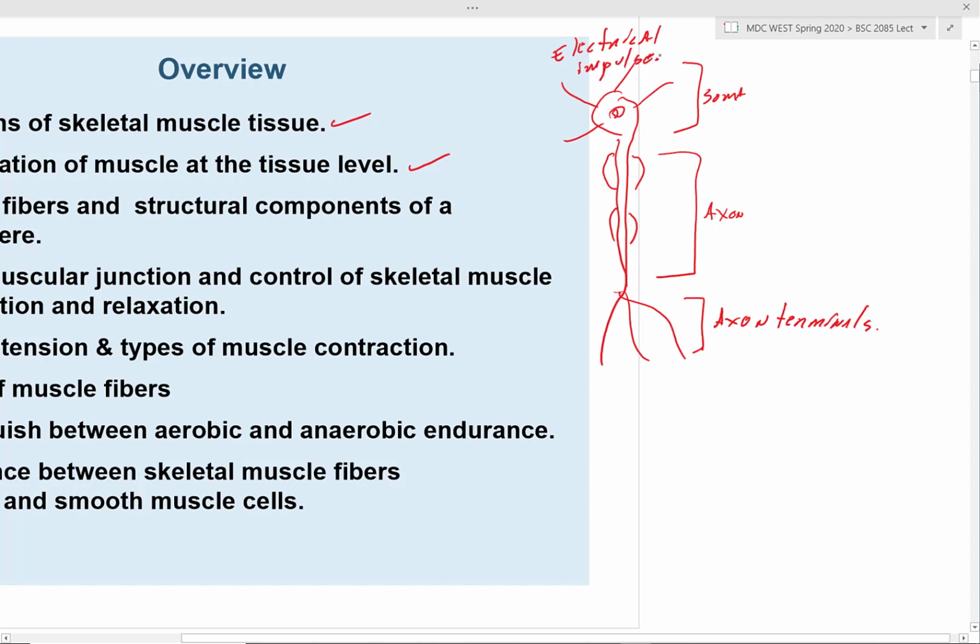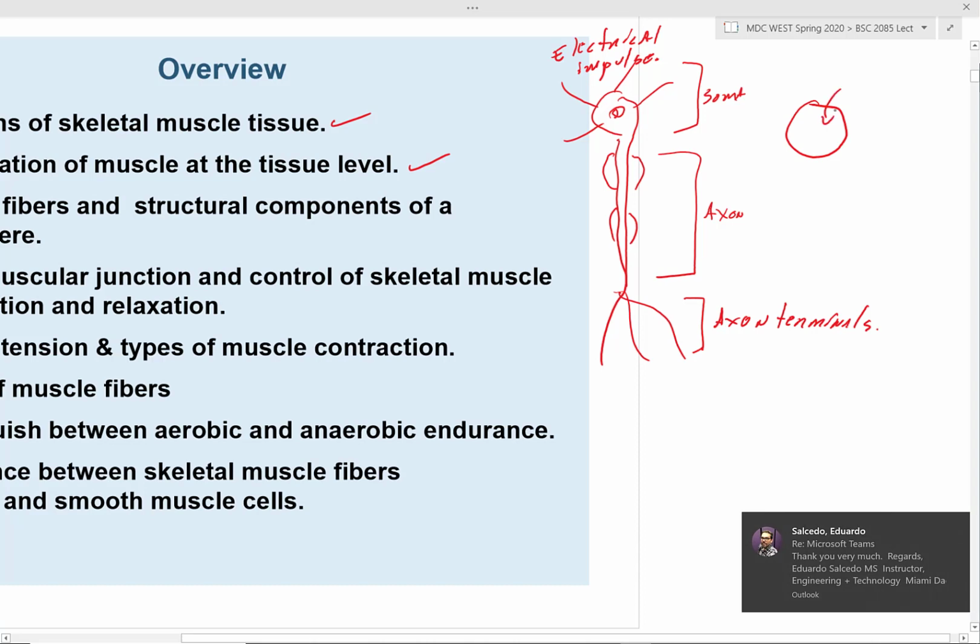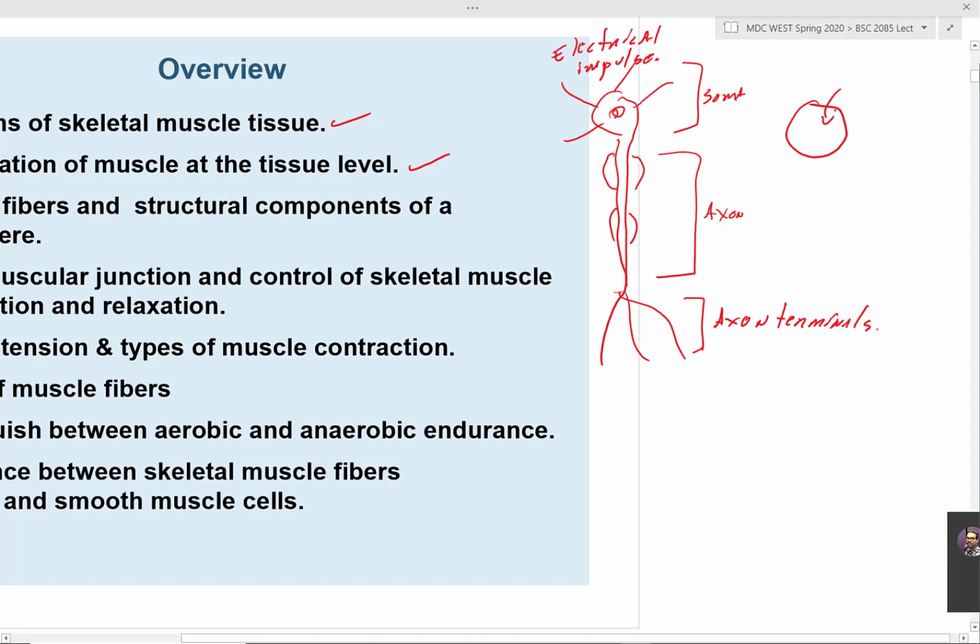What is the electrical impulse? Electrical impulse is not more than the change of charges, right? We said that in the cell, what ions went inside the cell? That was sodium. You got it, sodium.